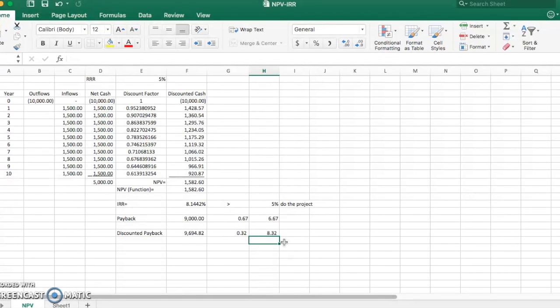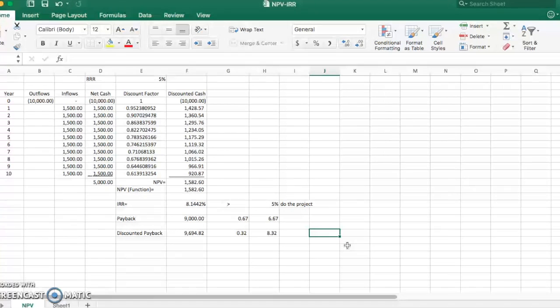Now, I suppose somebody might say, well, what's 8.3 years? You could convert that to months, right? First thing you'd want to figure out, and again, this is not important, is what is 0.32 of a year?